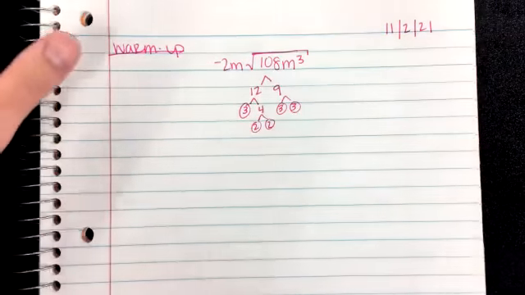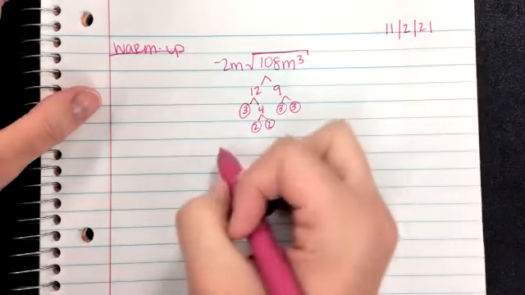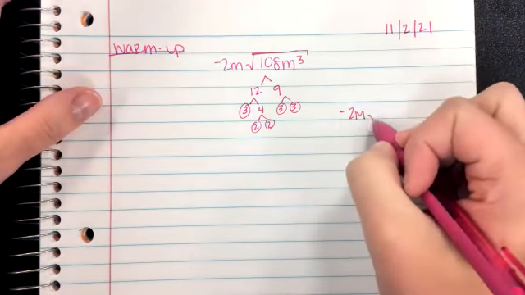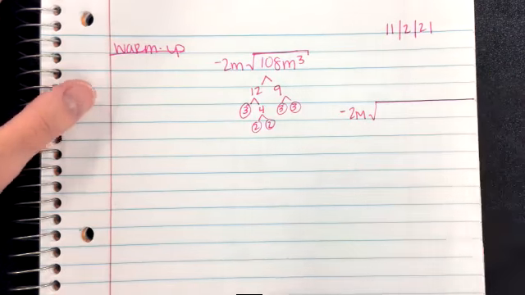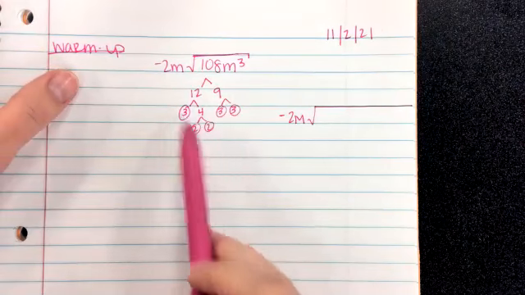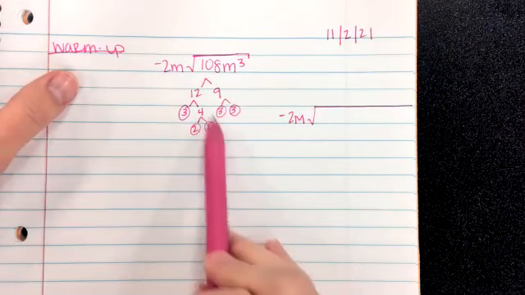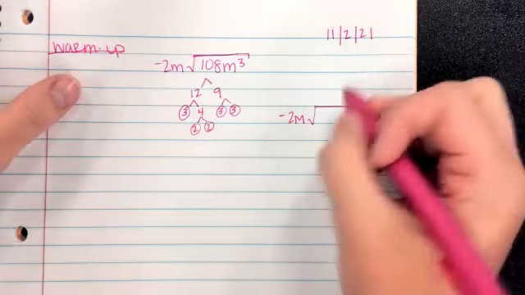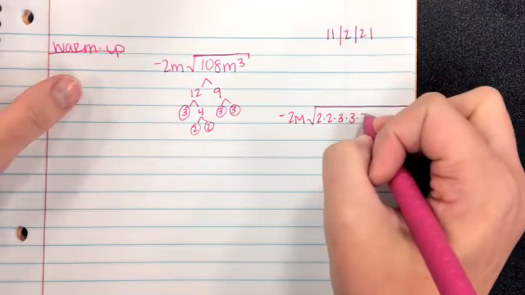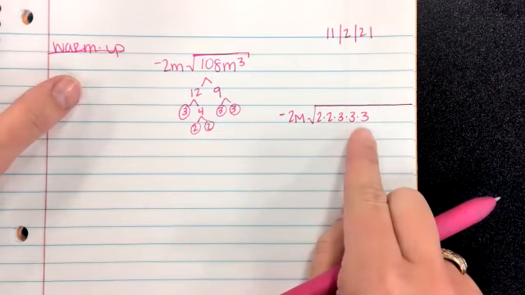Okay. When I make my new radical, I'll do it over here. -2m is outside still. What goes on the inside? 3, 2, 2, 3, 3. Everything that's circled, right? So I have 2 times 2 times 3 times 3 times 3.